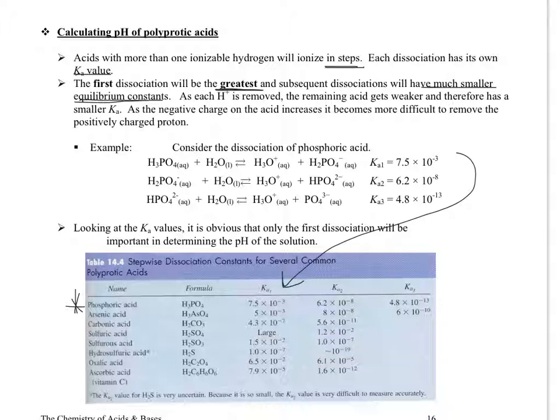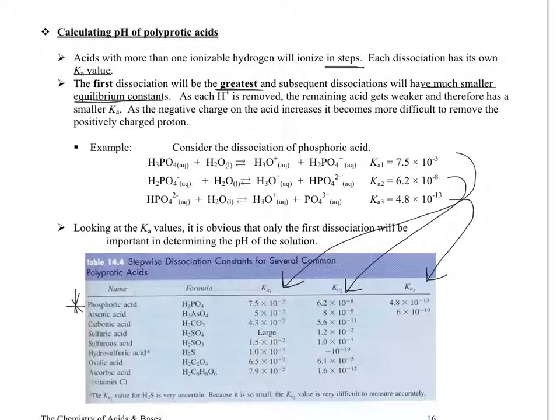When we lose the second one, we call that Ka2, and that has a value of 6.8 times 10 to the negative 8. And then if we need to lose a third one, notice how small that value is: 4.8 times 10 to the negative 13th. That's 0.00000, 12 zeros, 48. Such a small value compared to the Ka for H3PO4, the first one, which was much larger.